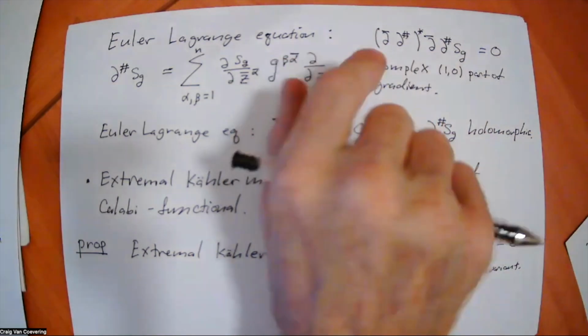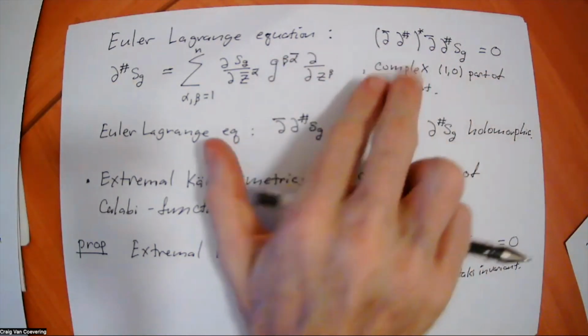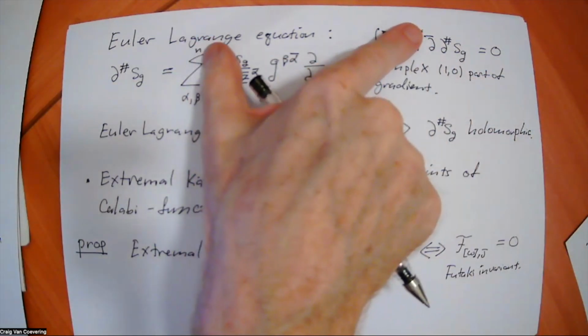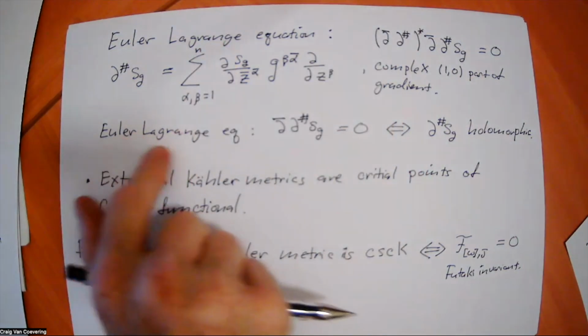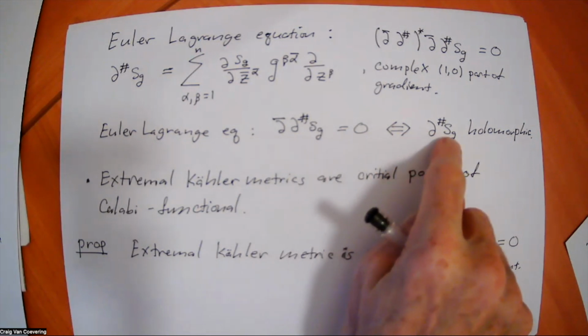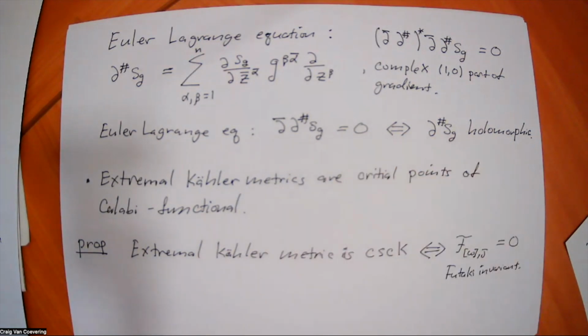This is a fourth order operator, but this being 0 is just saying that this gradient is holomorphic.